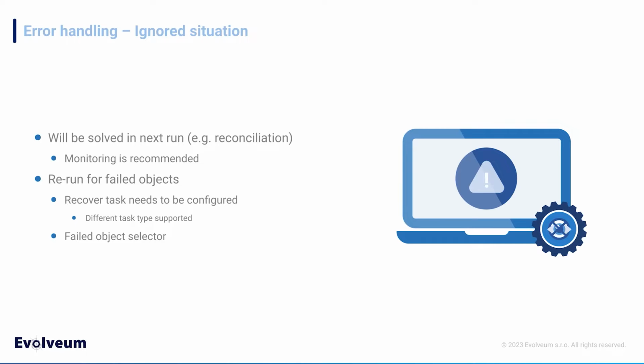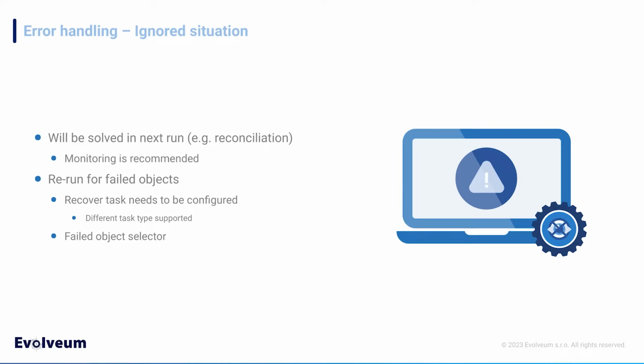And again, this is specific because we cannot know what type of errors you will encounter and what you need to do. So MidPoint just supports you in selecting the failed objects. And you can, again, use the types of errors that I was explaining before to define which objects should be selected, for example, objects where there was a network error, or just a partial error, not fatal errors.